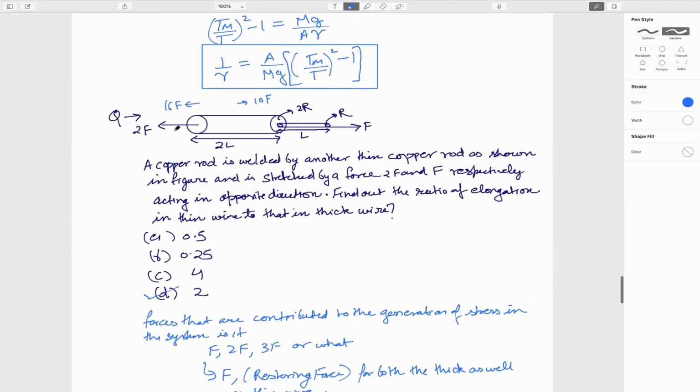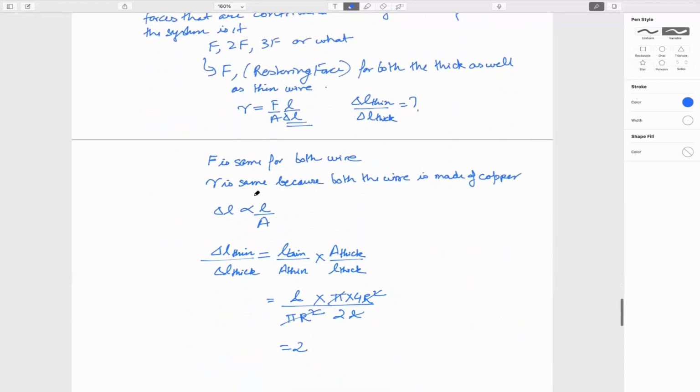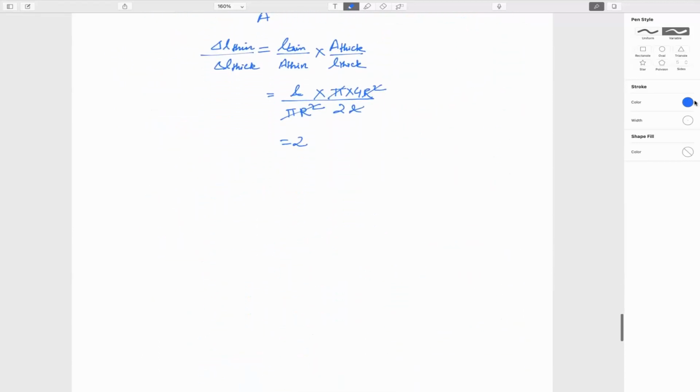The complete system has one force creating the stress, and that is F. That's why this is the trickiest question. All these questions are about Young's modulus of elasticity.